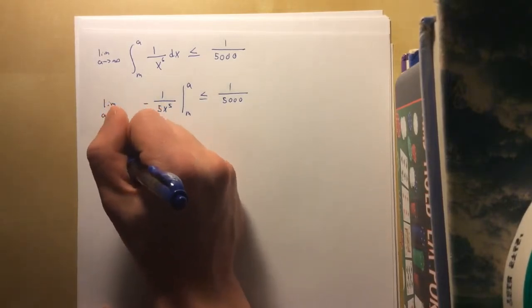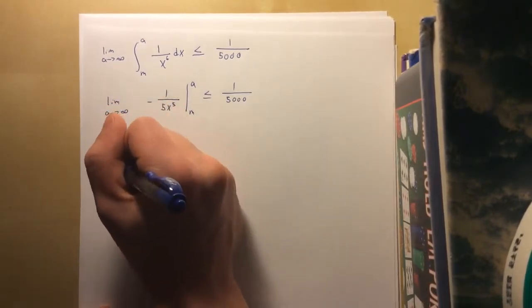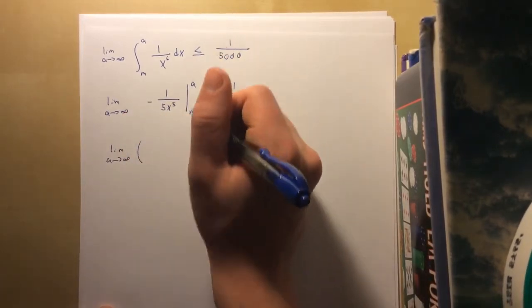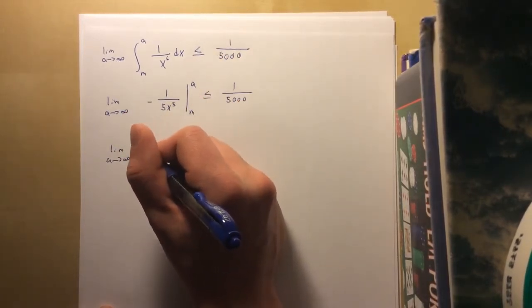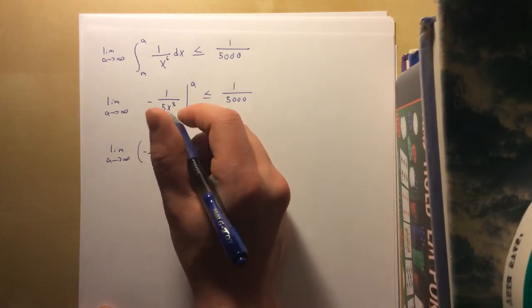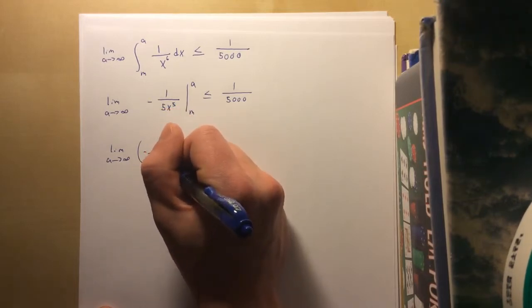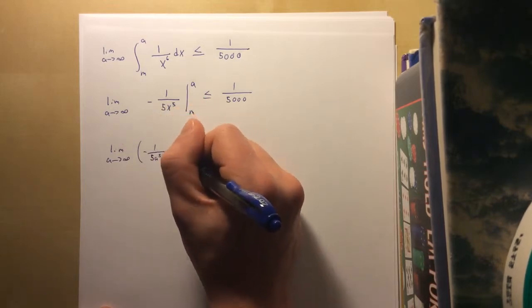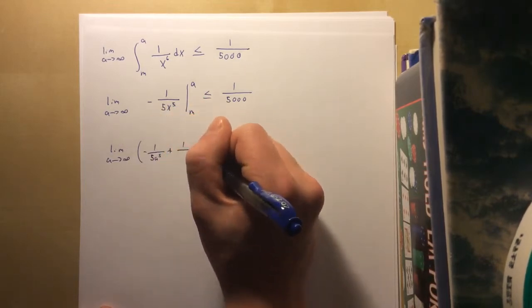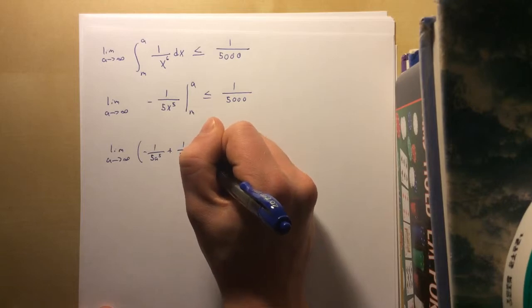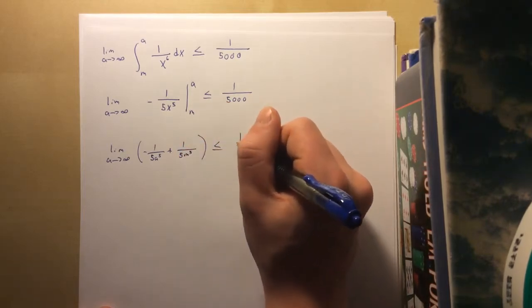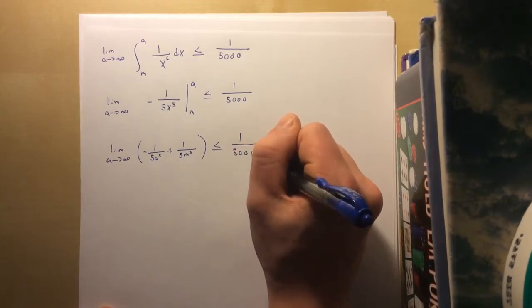And let's go ahead and solve that. Negative 1 over 5a to the 5th minus a negative 1 over 5m to the 5th is less than or equal to 1 over 5,000.